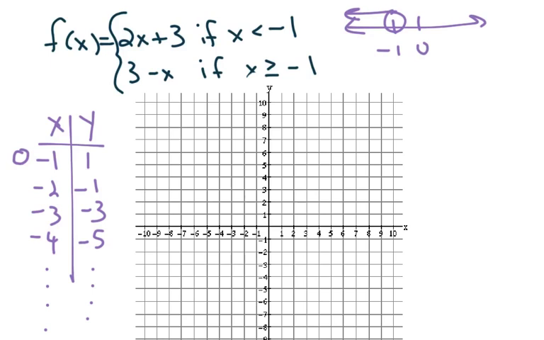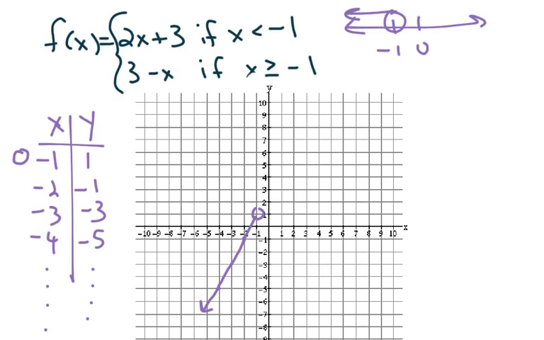So the first ordered pair, negative 1, 1, has an open circle, and all the rest are little dots: negative 2, negative 1; negative 3, negative 3; negative 4, negative 5. That's really all I need to graph, because the rest of the graph goes like that. So this is just the graph of 2x plus 3, where the x values are less than negative 1.